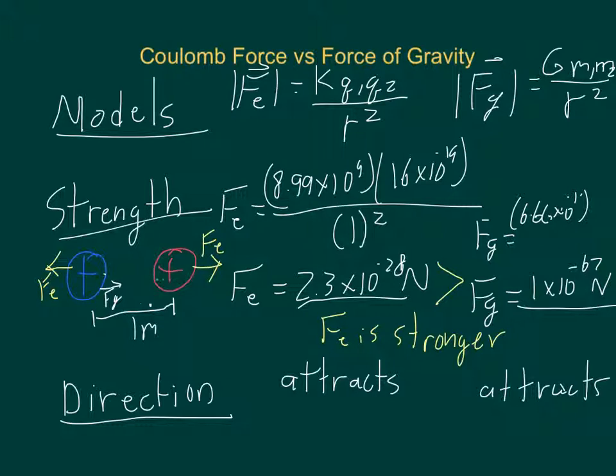But they would still be attracted due to gravity. So the Coulomb force is kind of a two-way street, where this force can attract or repel the two objects of interest, whereas gravity will only attract.